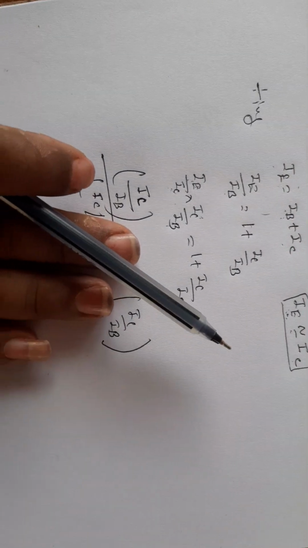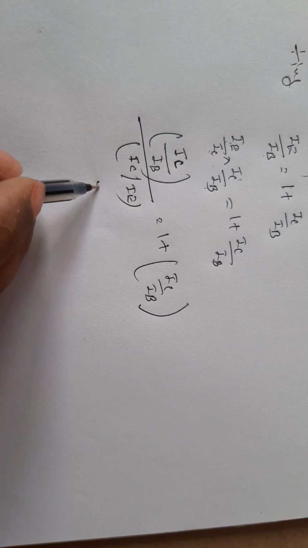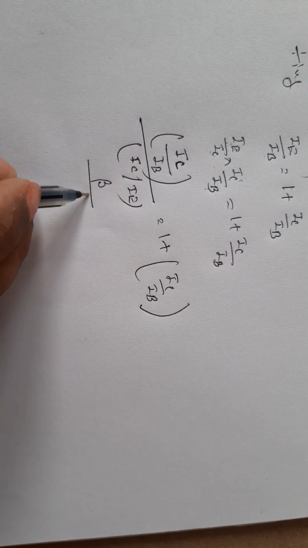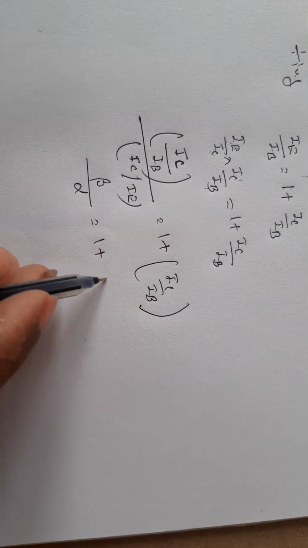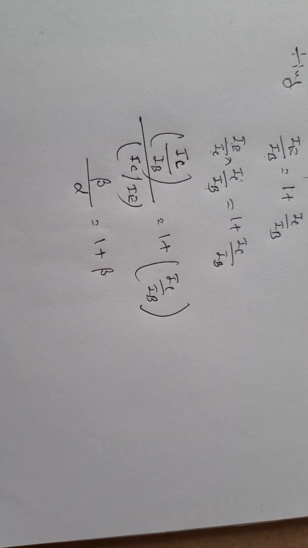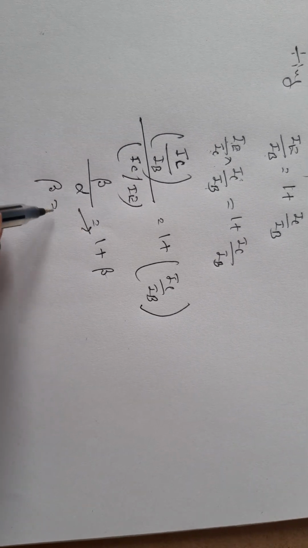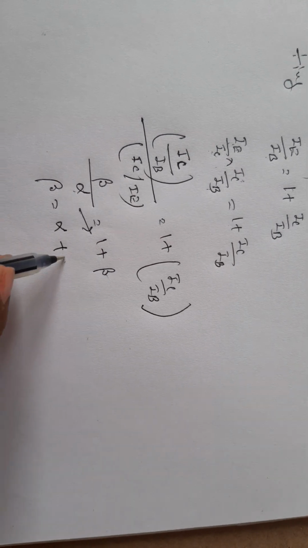Therefore, we can write this as beta divided by alpha, which is equal to 1 plus beta. Now cross multiplying, you get beta is equal to alpha into 1, which is alpha, plus alpha into beta.